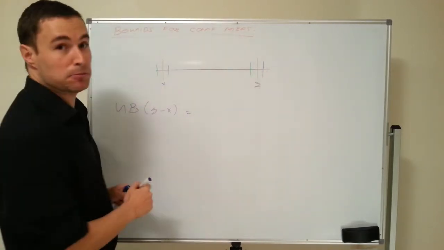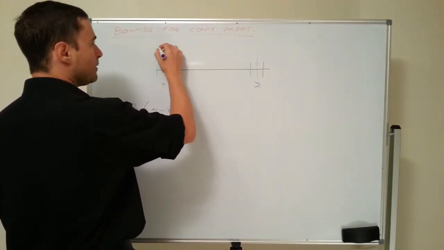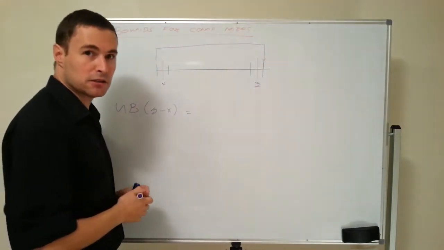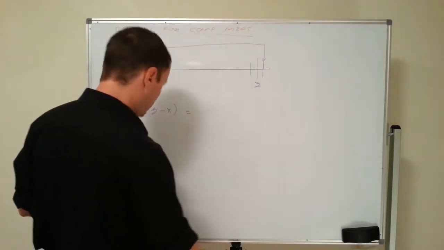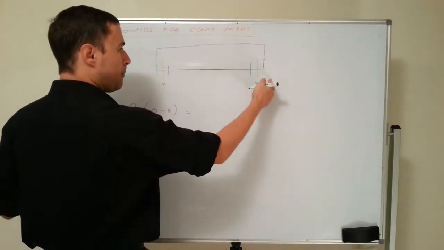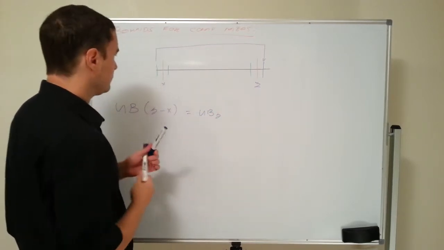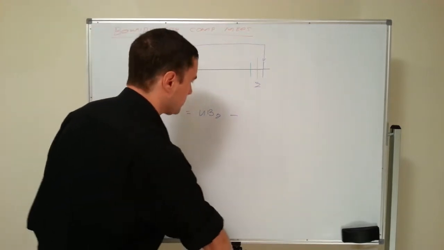I want this distance to be as big as possible. The distance that will make it as big as possible is from there all the way to there. That would be the upper bound of the difference. What is that? That is the upper bound of y minus the lower bound of x.